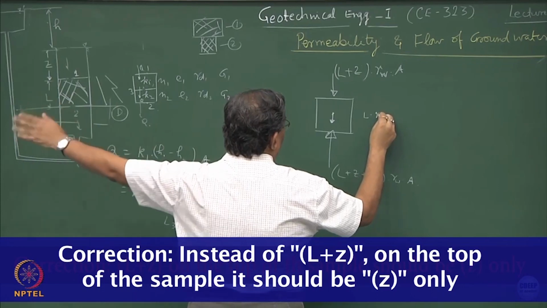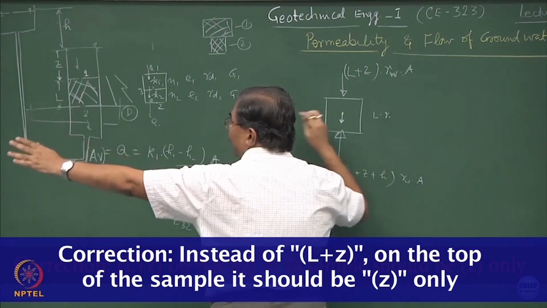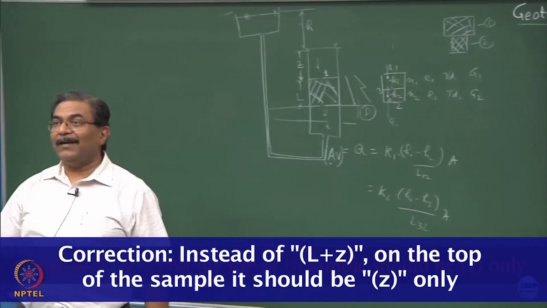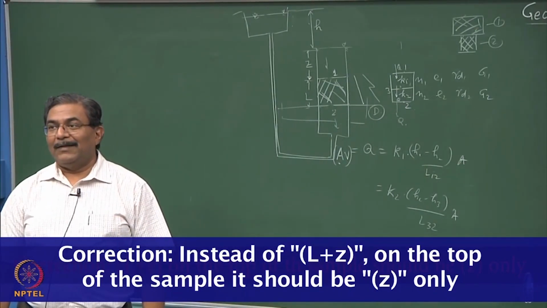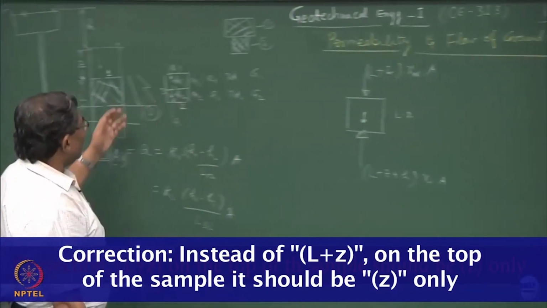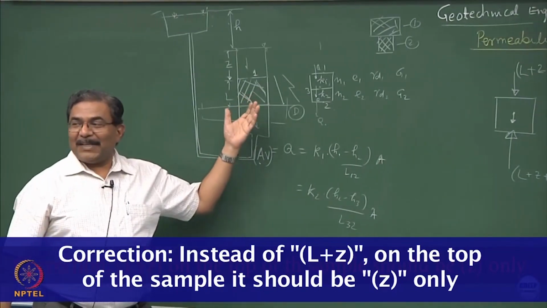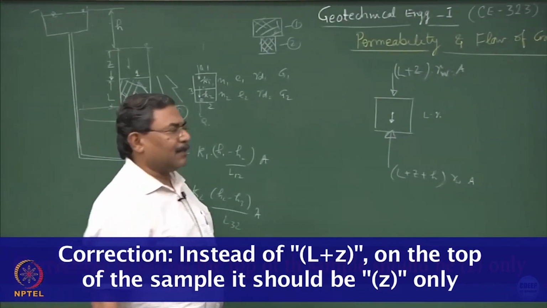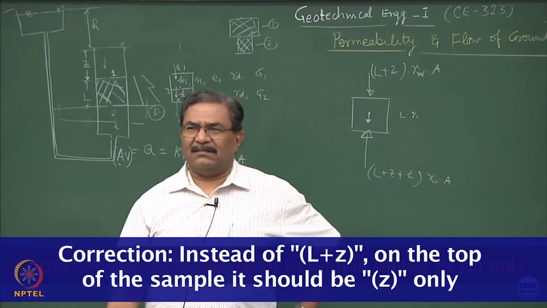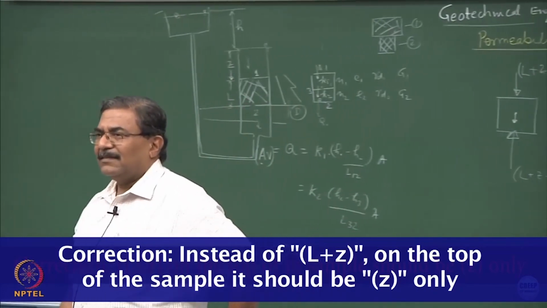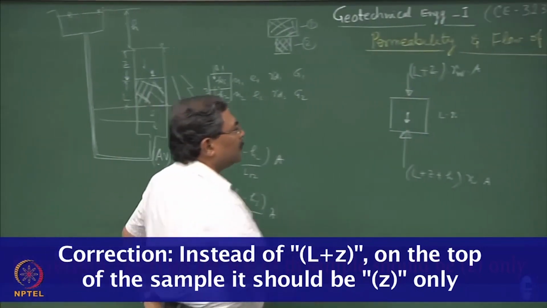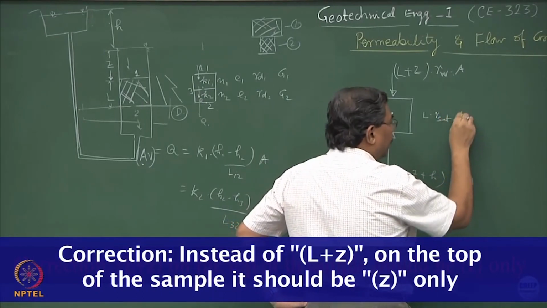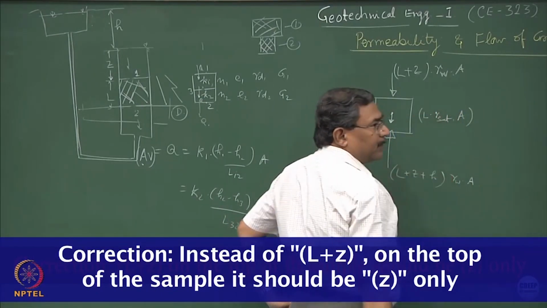What type of gamma? Gamma dry. The whole thing is put in a steady state condition. How can this be dry? Yes. Don't make these mistakes. These are basics, alright. So, gamma saturated and A. Are you happy with this?